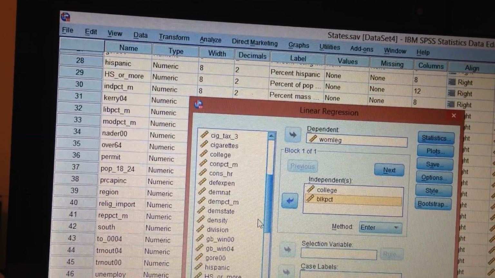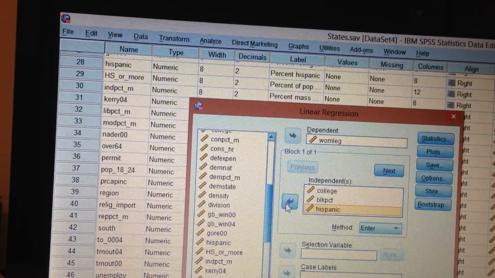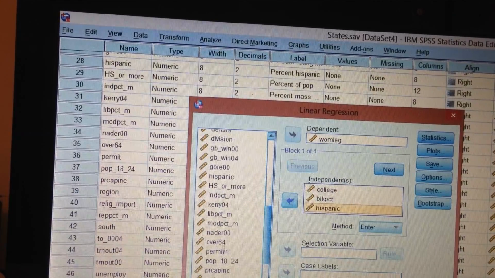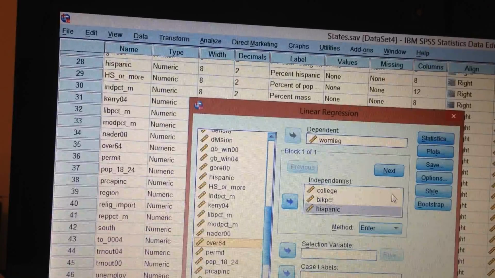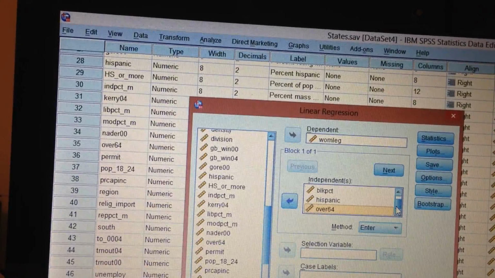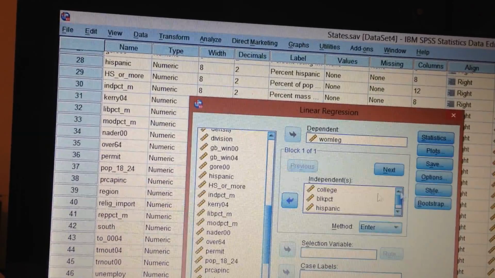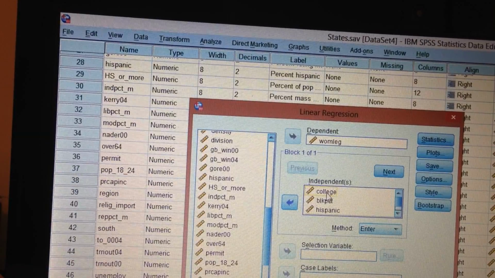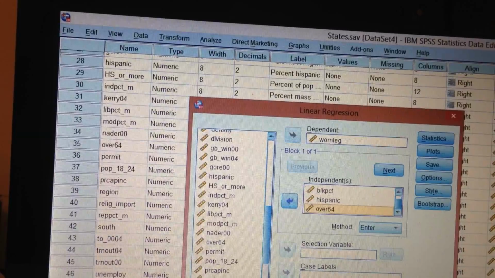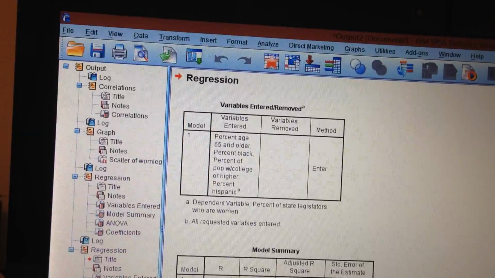Let's go down and let's add Hispanic. Ooh, now we have 3 independent variables. Let's add one more and get really crazy, right? Ooh, percentage over 64. All right. So, female legislator. In here, we have college, black percentage, Hispanic, over 64. I'm going to hit OK. SPSS does wonderful things.